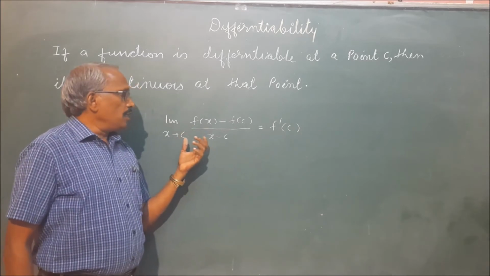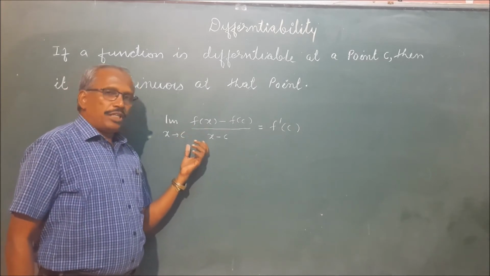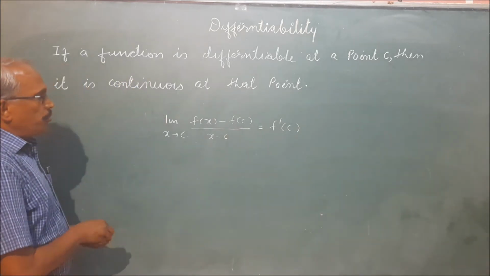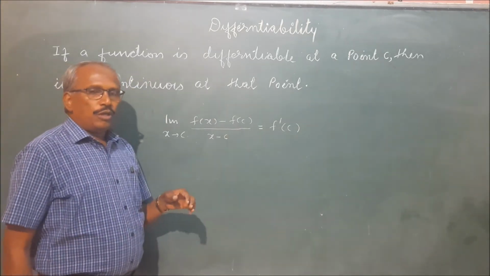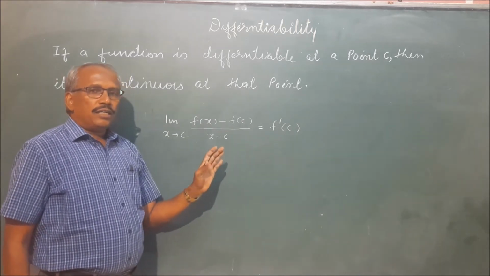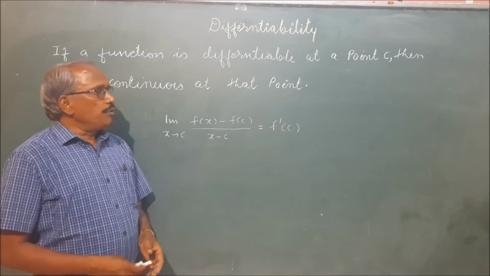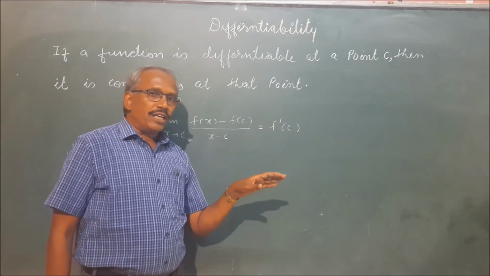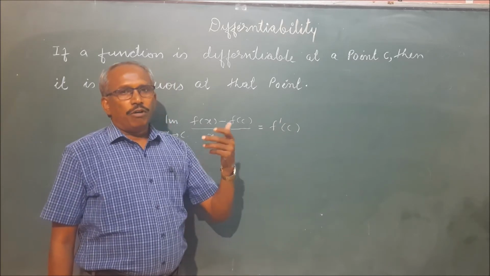Given a function f(x) that is differentiable at a point c, we have to show that this function is also continuous at the same point. That means we have to show that limit x tends to c, f(x) is equal to f(c).